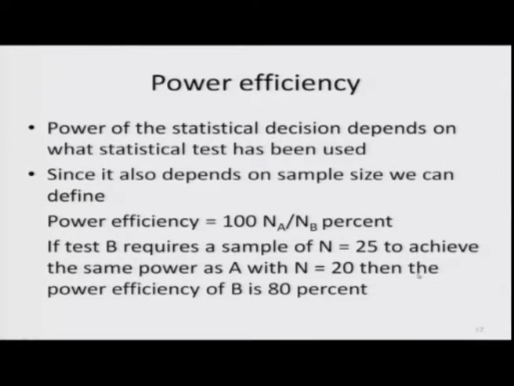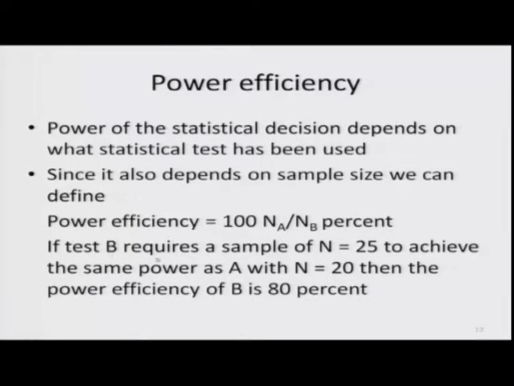There is another concept of power efficiency, that the power of the statistical decision depends on what statistical test has been used. There are so many tests for the same purpose. Since it also depends on sample size, we can define power efficiency equal to 100 Na divided by Nb percent.